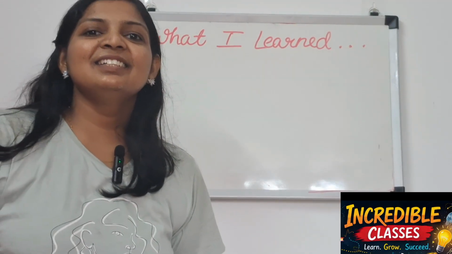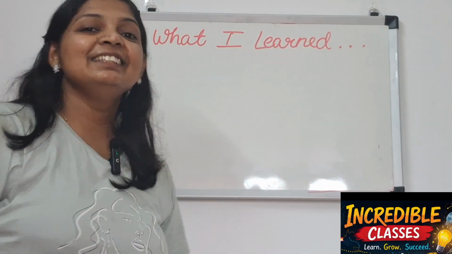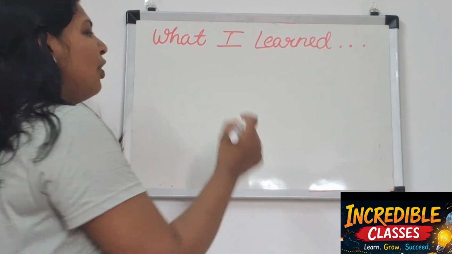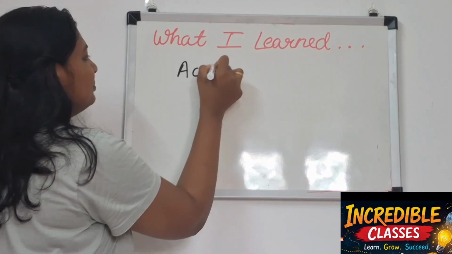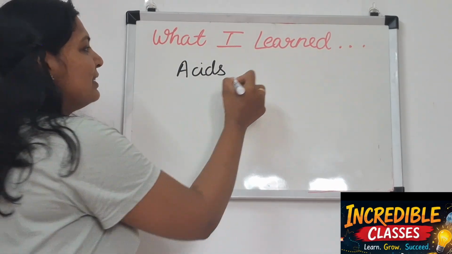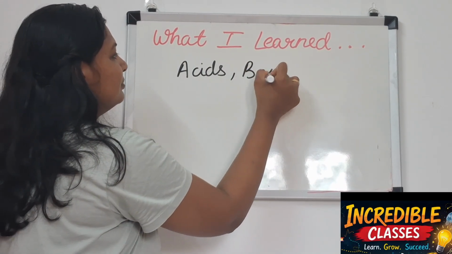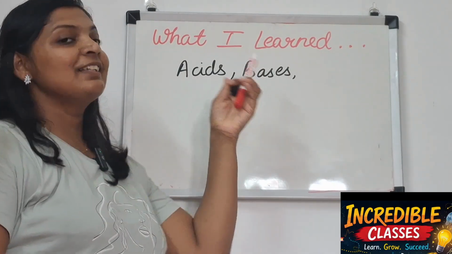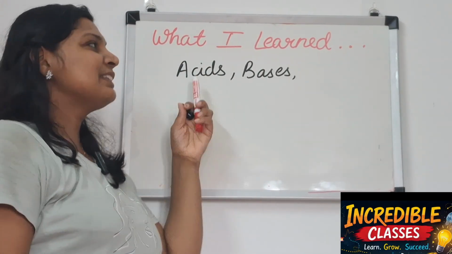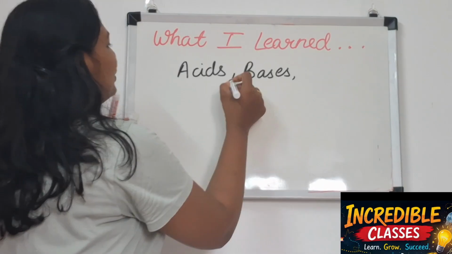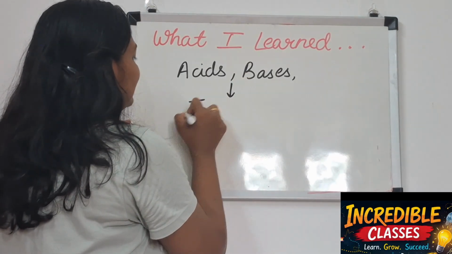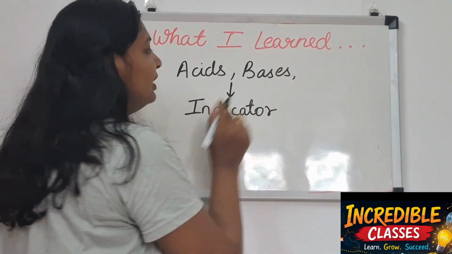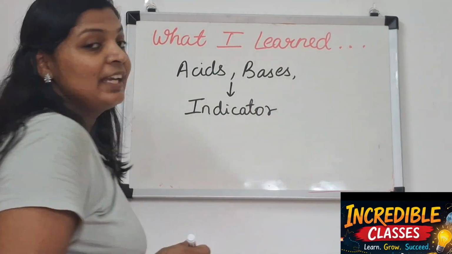Clear? So my dear learners, what have we learned in this chapter? We have learned about the substances called acids and bases. Yes, we have understood that there are two types of substances, acids and bases. We can use indicators to differentiate them.